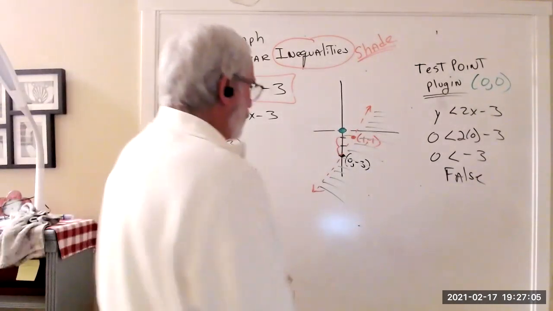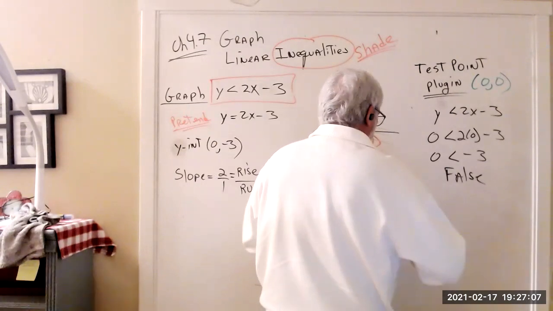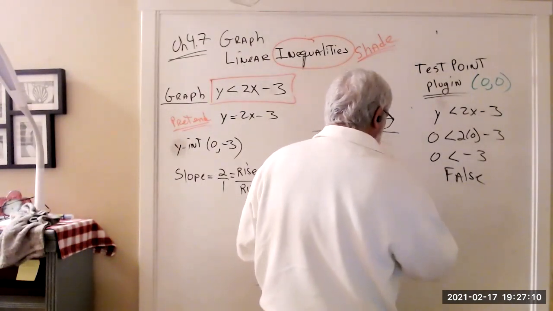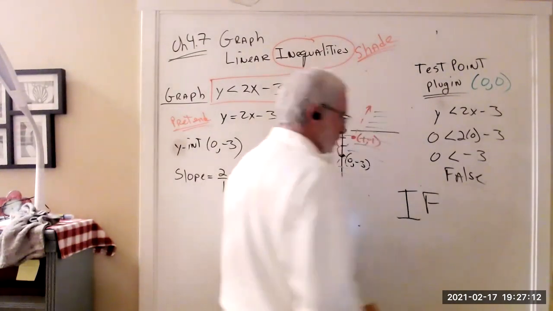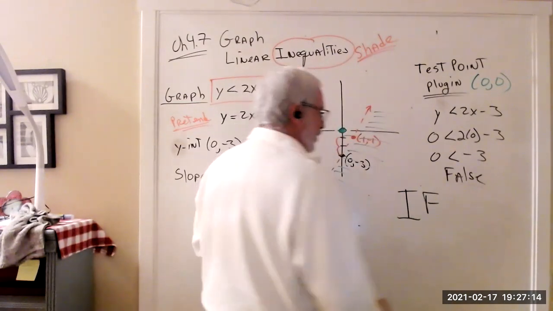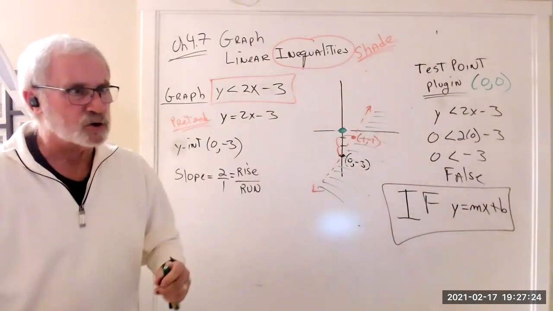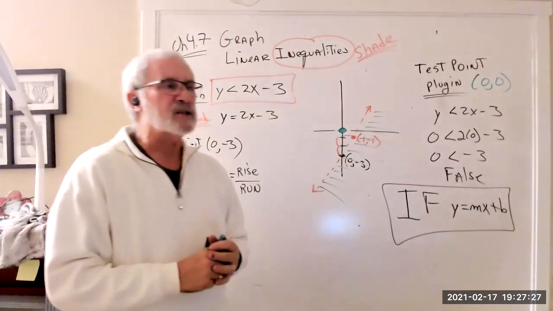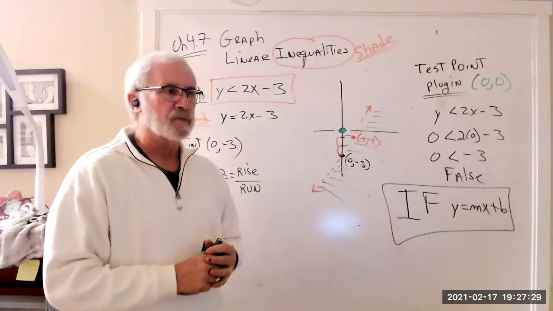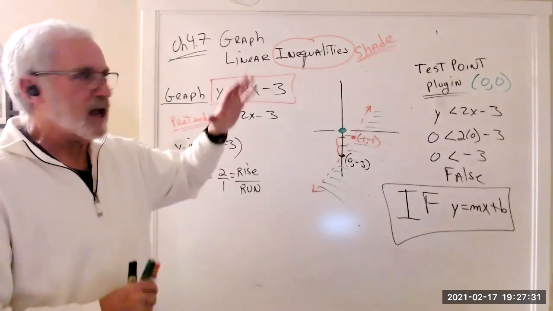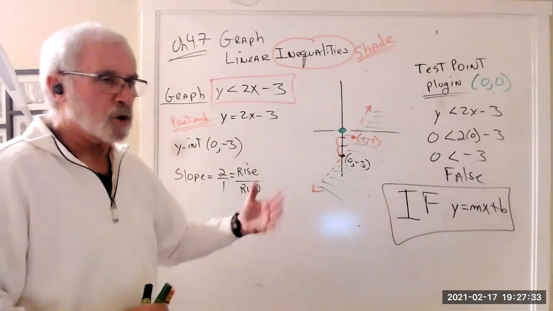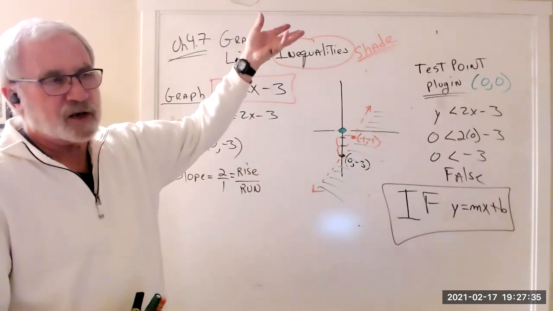But the shortcut is based upon a big, giant if. If your equation is in slope-intercept form. If, really important. If it's not, you can't use the shortcut. But if it's in slope-intercept form, then less than means below, greater than means above. Just think about it.